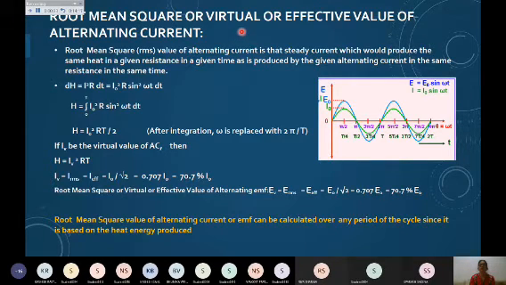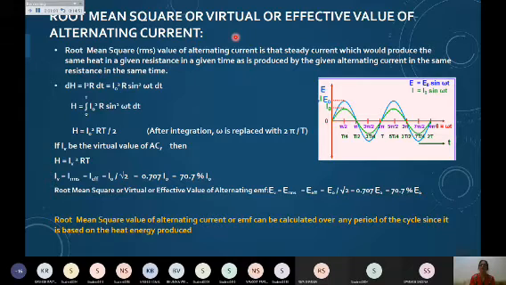They are working on the heating effect, and when I want to find the heat which is produced over the complete cycle, the same heat as for direct current, if it is produced by the alternating current in the same resistance, then from the value I get for the heat produced, I will be calculating the RMS value or the virtual or the effective value of the alternating current.